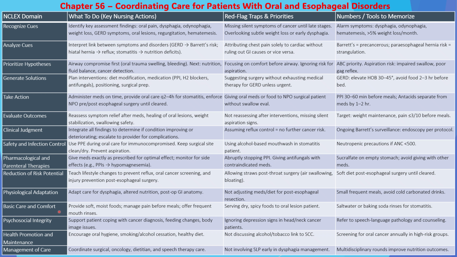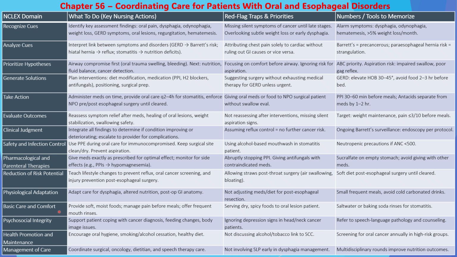The red flag is serving dry, spicy food to an oral lesion patient. The book says to avoid it, so if you serve it, that's a red flag, it's minus. Salty water or baking soda is for stomatitis. So that is for basic care and comfort.